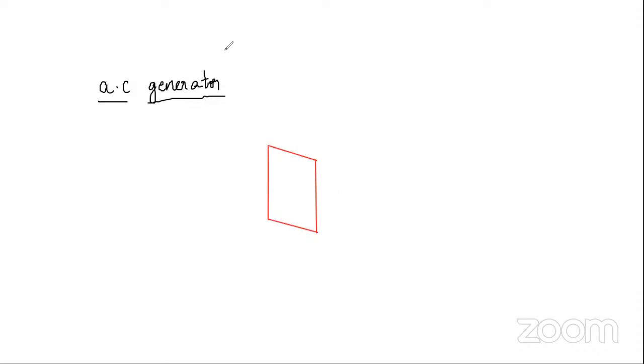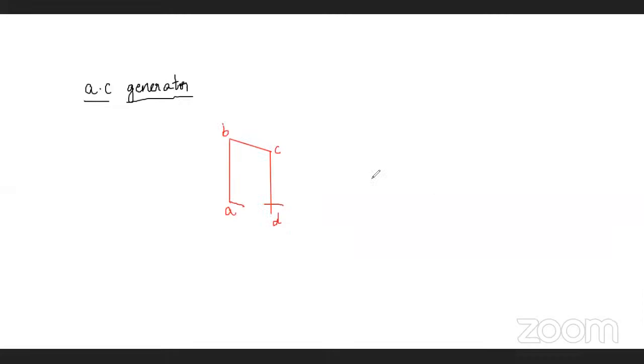The position of various points in the coil can be marked like this: this is A, this is B, this is C, and this is D. Of course, there is an opening here like this, and these points are connected to slip rings.